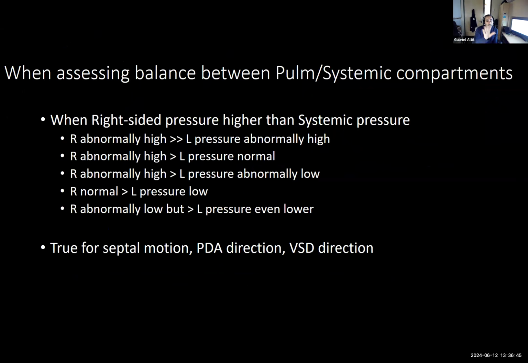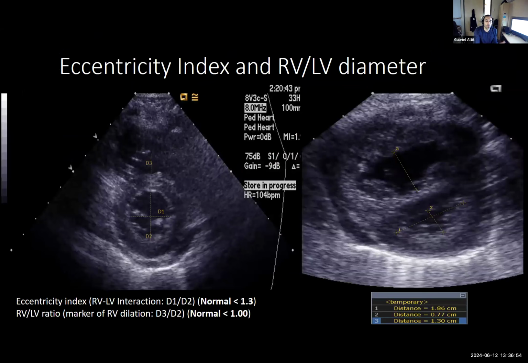So I've put a summary of why you would have some degree of higher RV pressure relative to higher LV pressure here. More and more, we use what we call the eccentricity index, which is a way to quantify the deformation of the septum. It's basically the ratio of the diameter parallel to the septum to the perpendicular diameter.